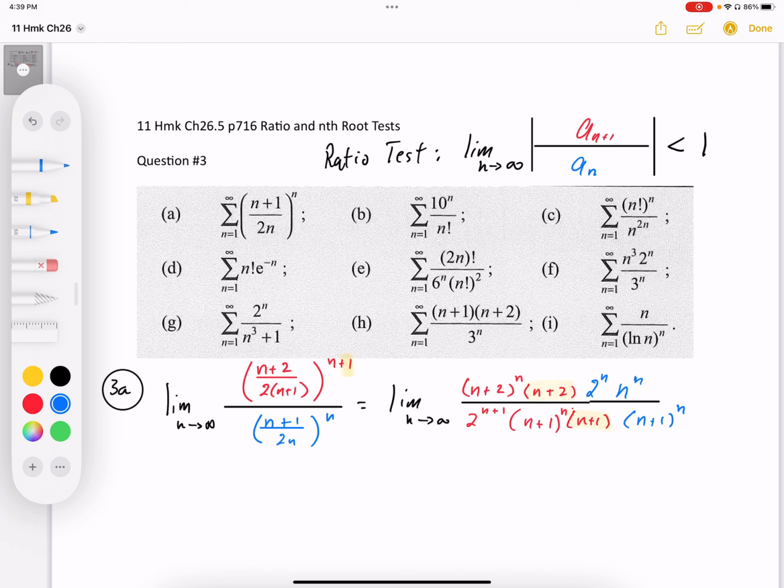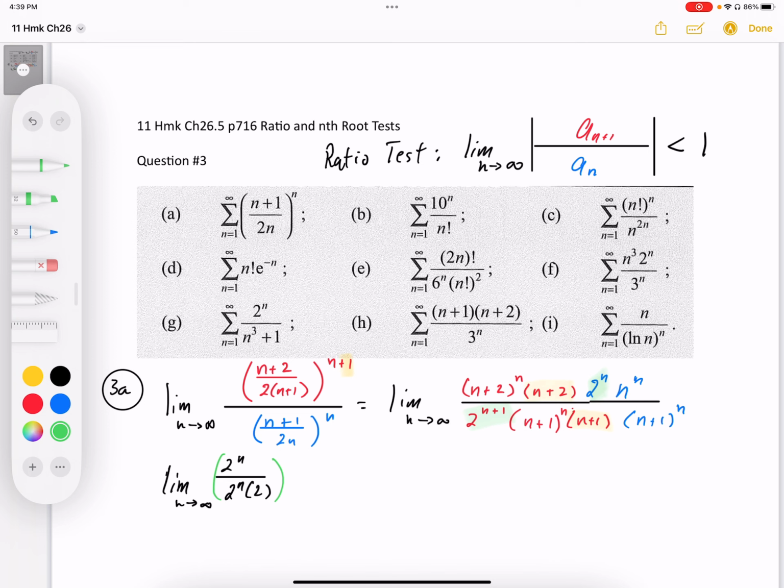Okay, so we're going to group some of these things together. Let's group these terms here. So we're going to end up with a limit as n approaches infinity of 2n over 2n times 2, and that's going to be those terms there. I'm going to group those in green.